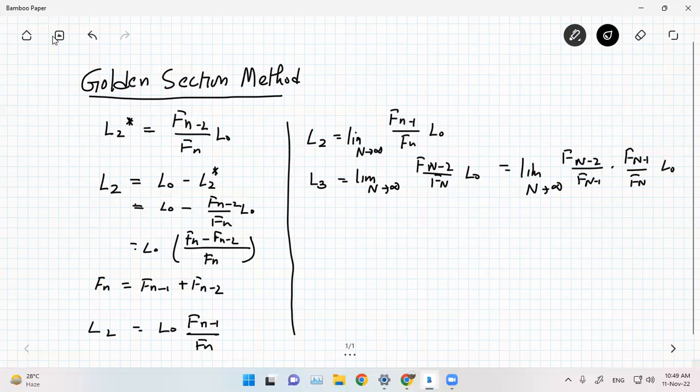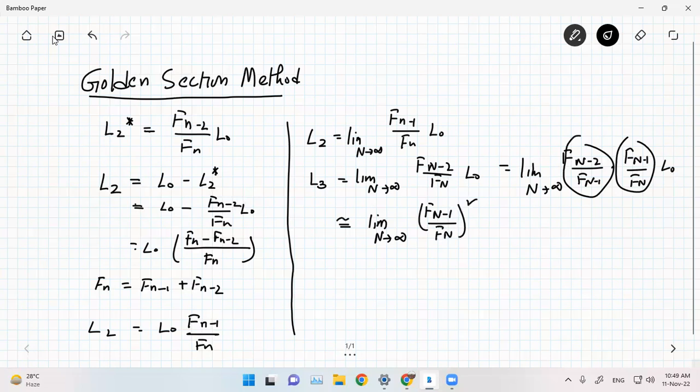Further, as n tends to infinity, these two ratios will eventually be the same. So this can be approximated as limit n tends to infinity of Fn minus 1 by Fn whole square L0.